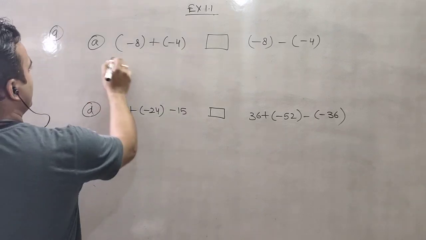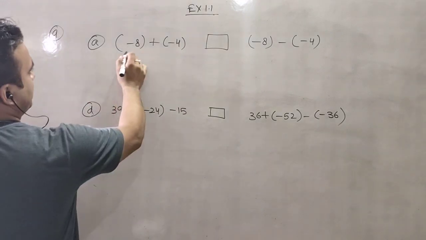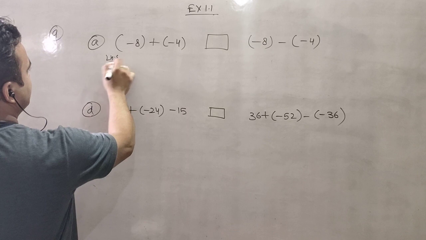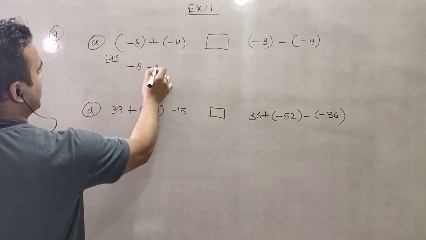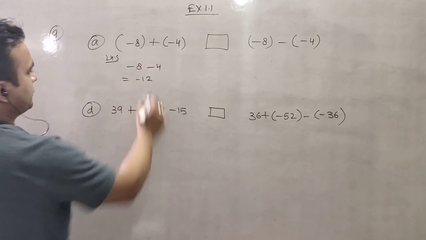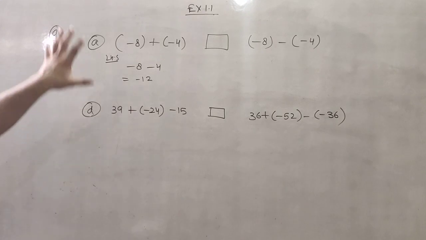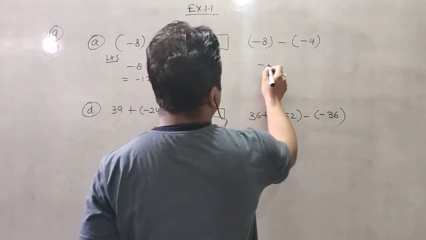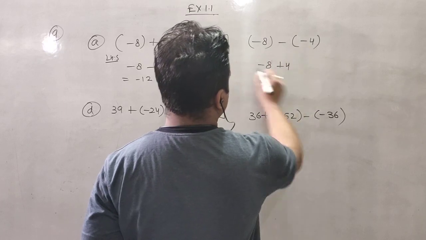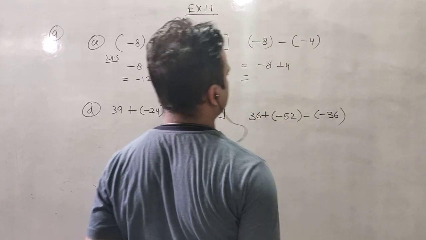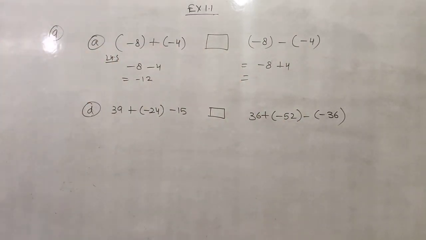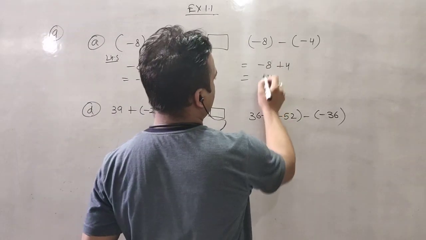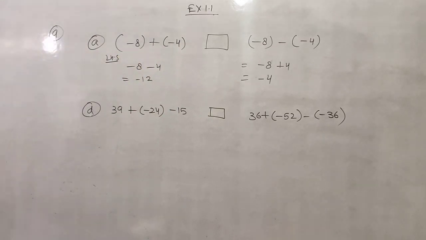Now we will go side by side. First of all we will take this side, the left hand side. So minus 8 plus minus minus, so minus 8 minus 4 is minus 12. So the left hand side is minus 12, final number. Now we will check this: minus 8 minus minus plus, minus 8 plus 4. If there is one minus and one plus, we do 8 minus 4 is 4, and take the sign of the greater number, which is minus.